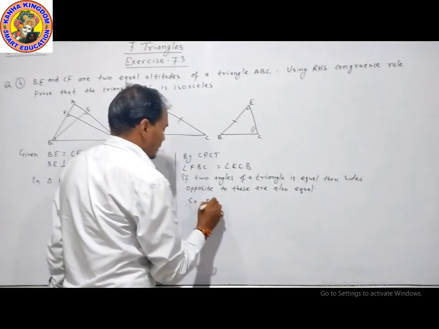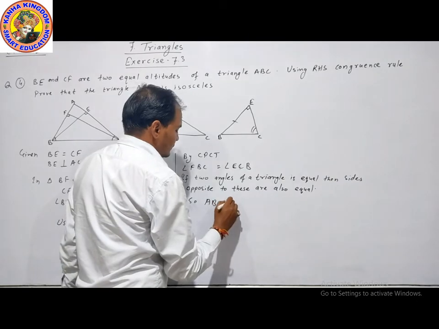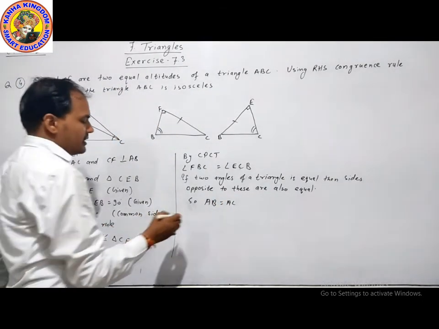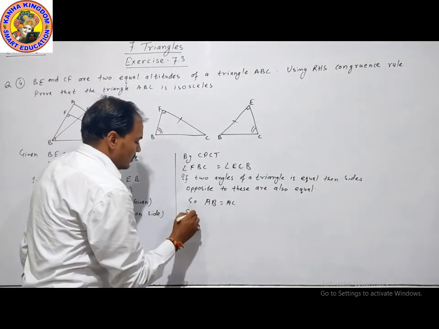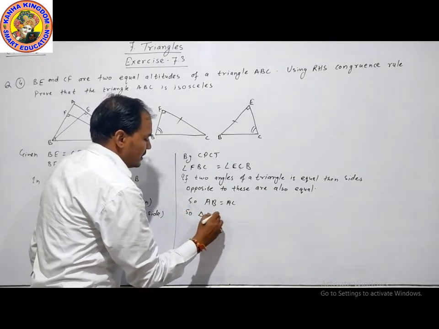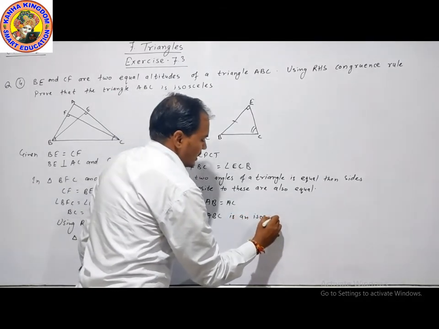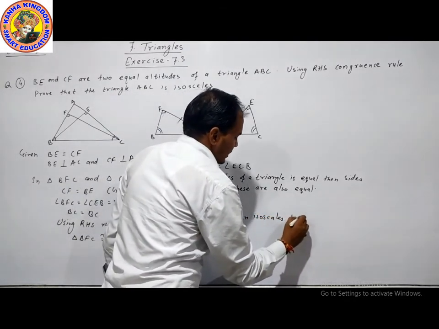So AB is equal to AC. The sides AB and AC are equal. So triangle ABC is an isosceles triangle.